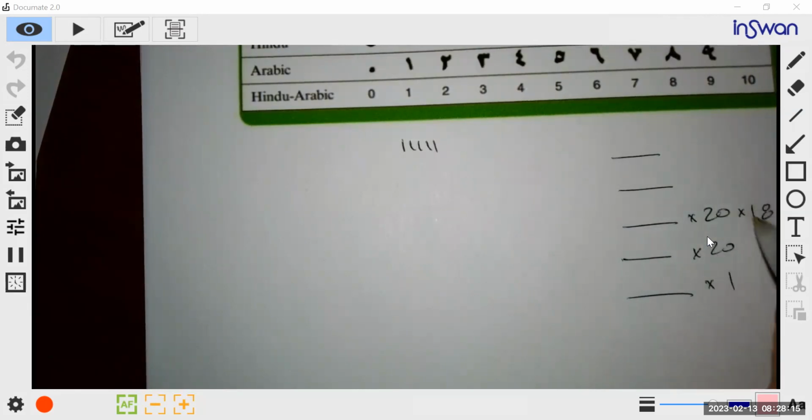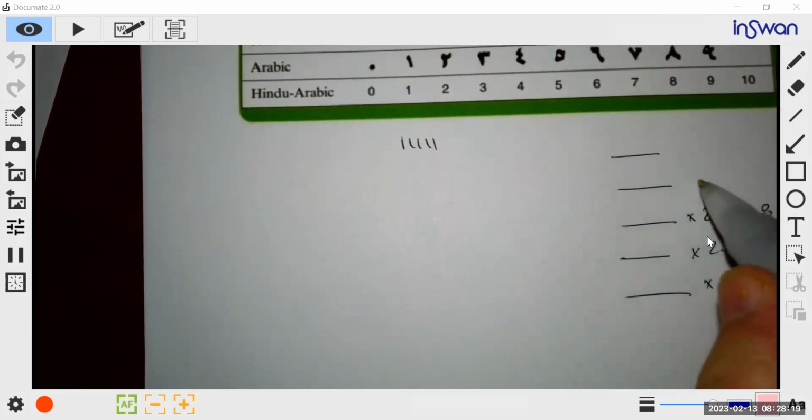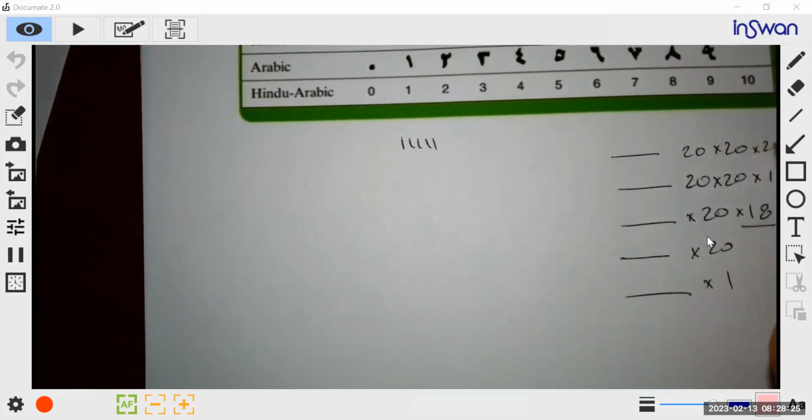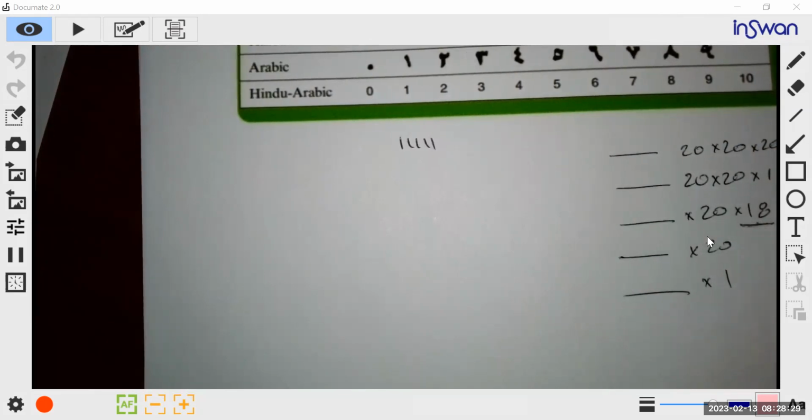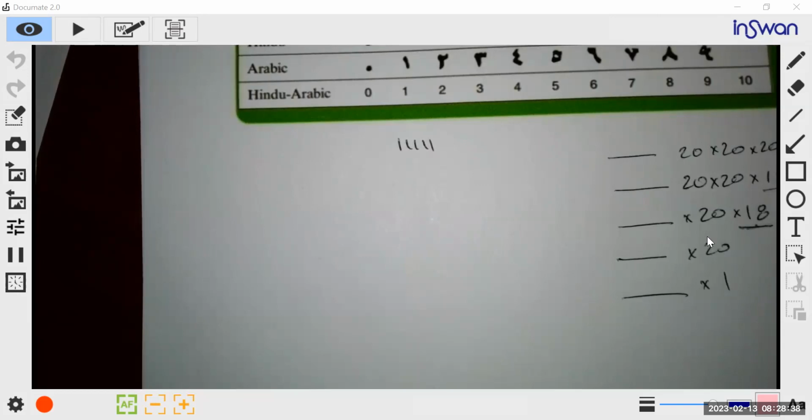Again, this is where the anomaly was: why they put the second, third level at 18. There's no reason for that.